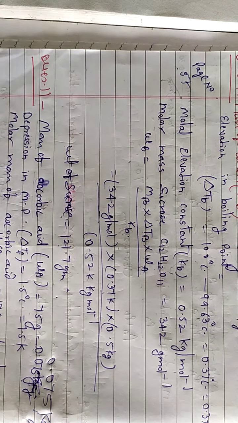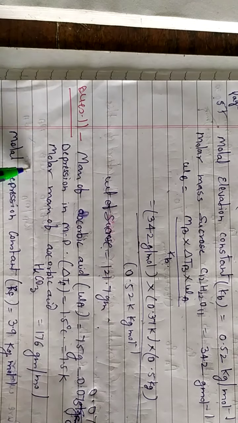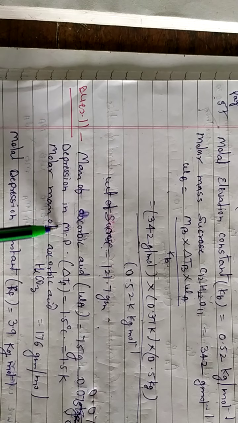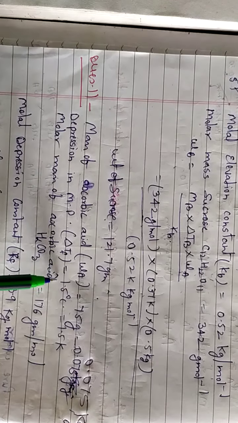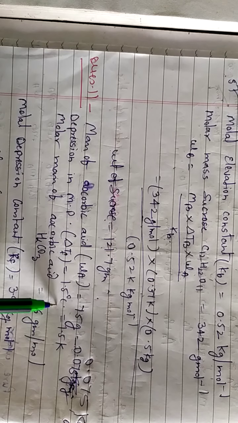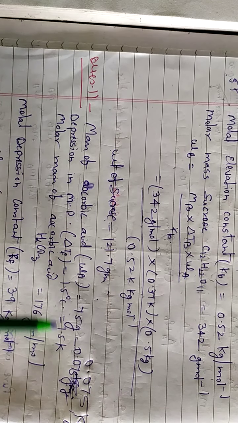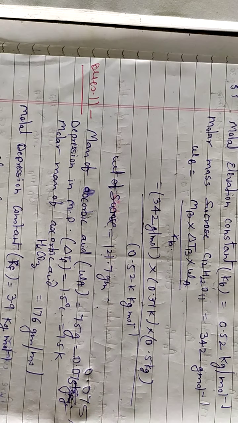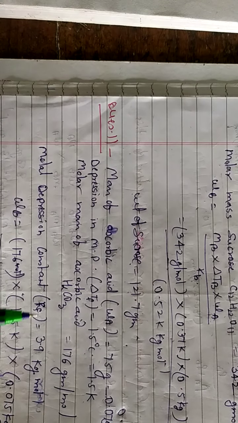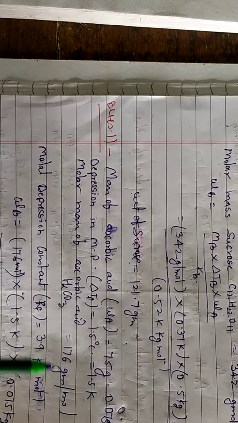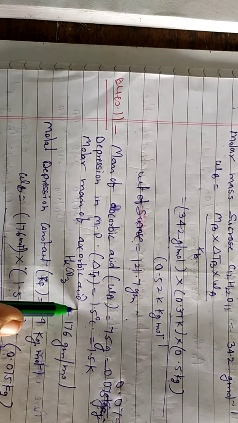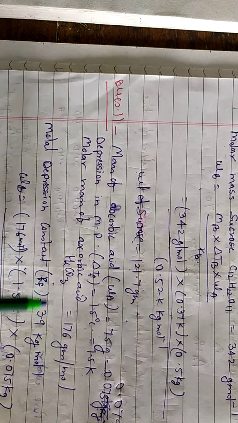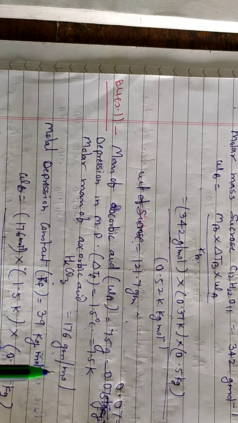Okay, calculate and check it, student. Now the depression in melting point, delta TF, is given as 1.5 degree Celsius. So it means this is equal to 1.5 Kelvin. Okay, now here the molar mass of ascorbic acid is 176 gram per mole.